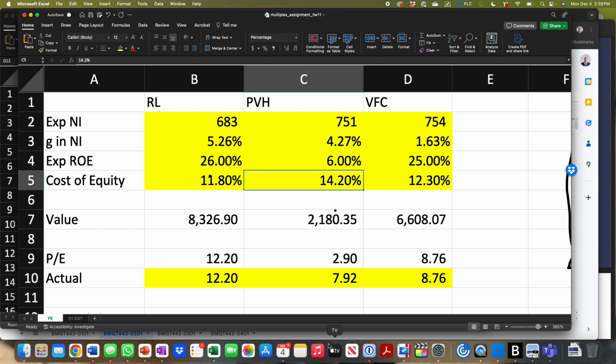Okay? Did we have to do that for Ralph Lauren? No. Did we have to do that for PVH? Yes. Can I give you a one-size-fits-all rule? No. All right? But can I tell you what to look for? Yes. And what you could start looking for is the key value drivers.